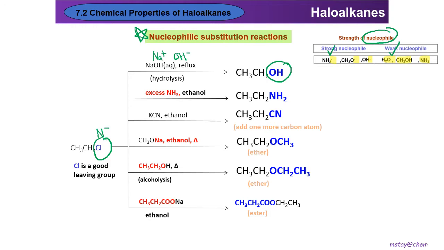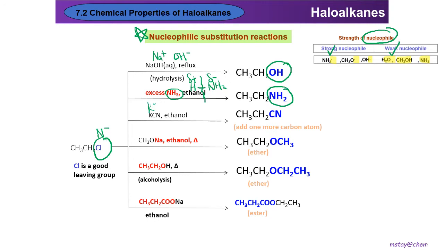Next, NH3, ammonia, is a weak nucleophile, where the bond will break between hydrogen and NH2. Nitrogen is one of the most electronegative elements, and hydrogen is the most positive, so the Cl is replaced by the NH2.